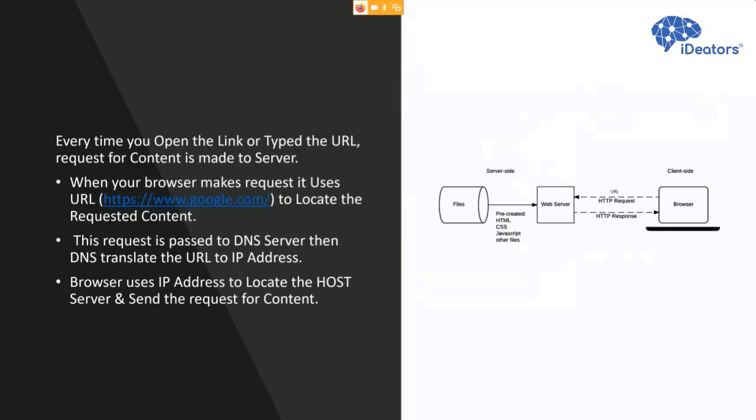So in between comes a domain name server, the DNS server, which has the mapping of domain name to IP address. And once the browser gets the IP address of the web server, it sends the request to the server on that IP address.